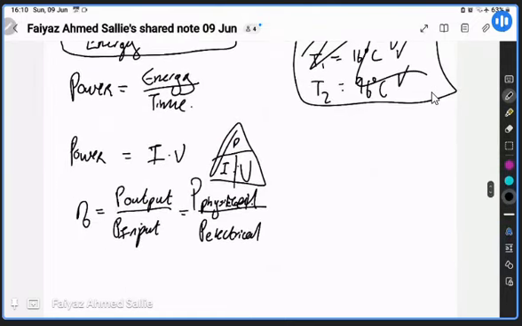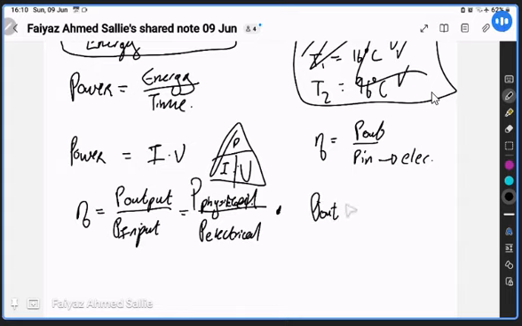So what we're going to do is calculate the energy of the kettle. Let's write power is equal to energy over time. No, wait, sorry, wrong formula. I'm going to start with this formula because of the efficiency. The efficiency is equal to power output over power input, and our input power is the electrical power, right? So we're going to find our output power.